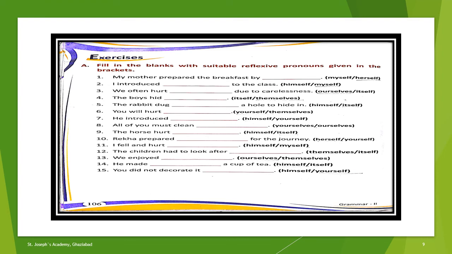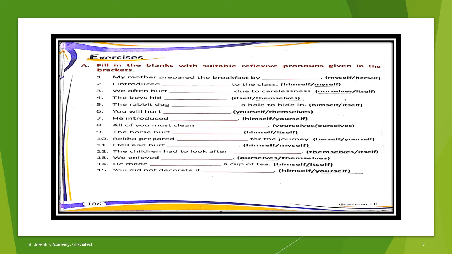Number 11. I fell and hurt dash. The options are himself and myself. When the subject is I, the option will be myself. So I fell and hurt myself. Now we come to number 12.